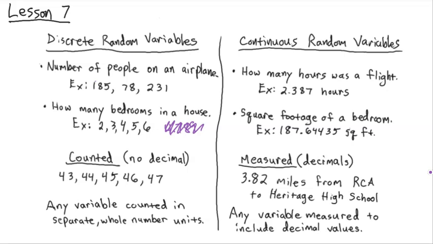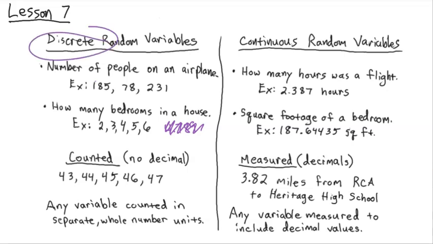Now they may not be the same size, but we're not considering size. If you want to consider size of the bedroom, then you're going to go to a continuous random variable. For example, the square footage of a bedroom might be 187.64435 square feet. That would be a continuous random variable because it's being measured in decimals.